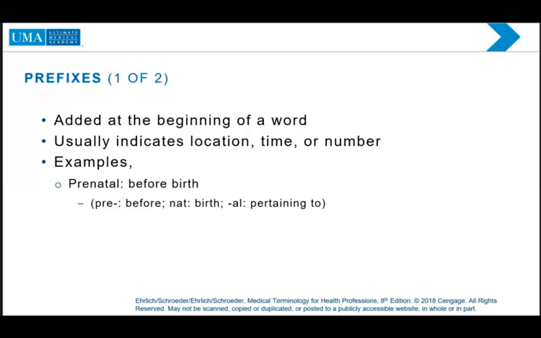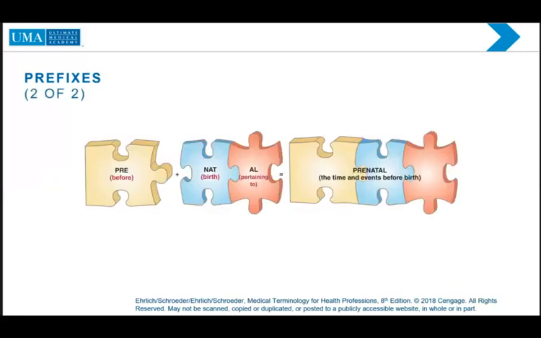Some examples would be prenatal. Pre means before. Nate means birth. Al means pertaining to. So if we put the word parts together, prenatal means the time and events before birth.